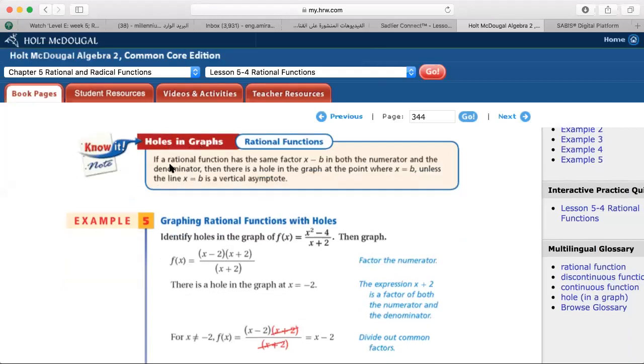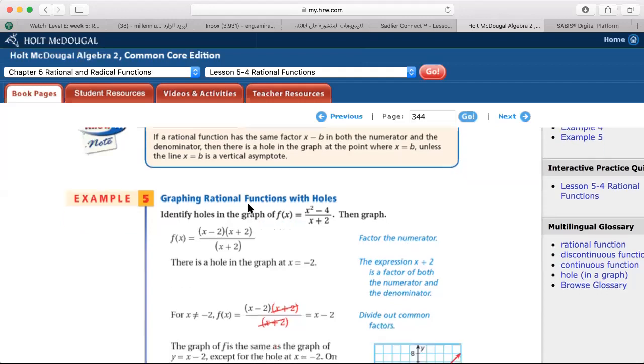Holes in graphs: if a rational function has the same factor x minus b in both the numerator and the denominator, then there is a hole in the graph at the point where x is equal to b, unless the line x equals b is a vertical asymptote.